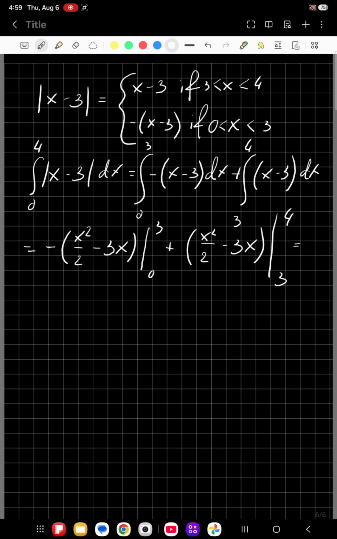I'm going to write it, and then I'm just going to give you the solution. So we have negative. I'm plugging in 3 first: 3 squared over 2 minus 3 times 3.